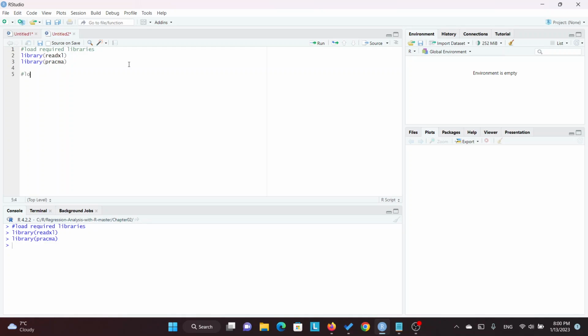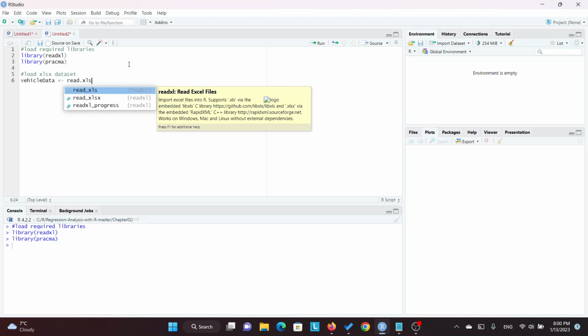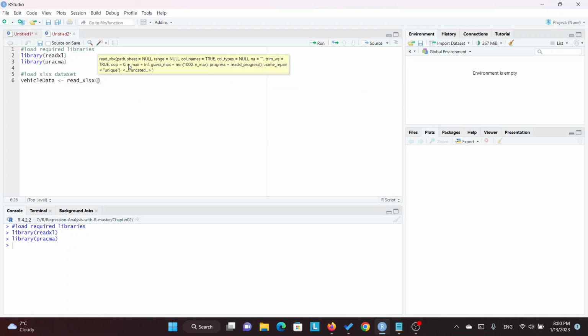Now we're going to load our data set. Load XLSX data set, and we will name our data set vehicle_data, and we'll use the read_excel function from the readxl package, and our file is named vehicles_italy.xlsx.